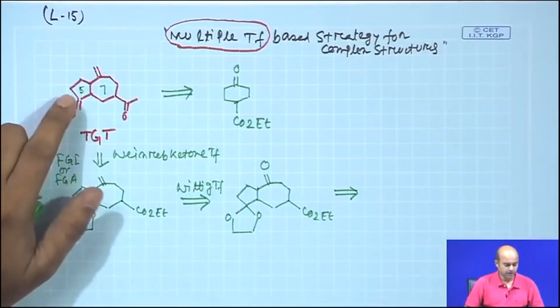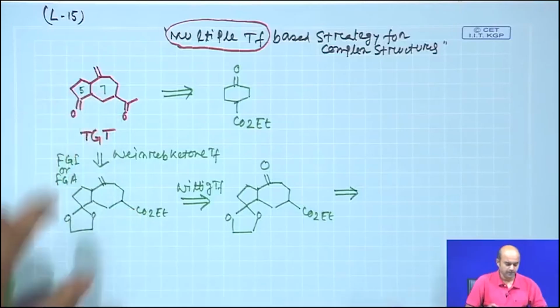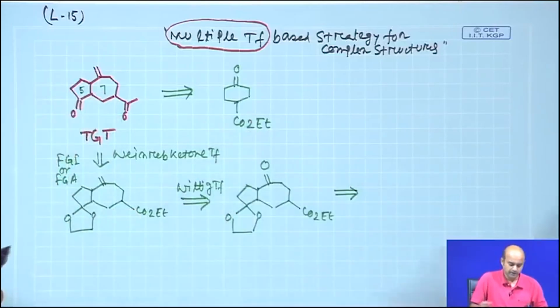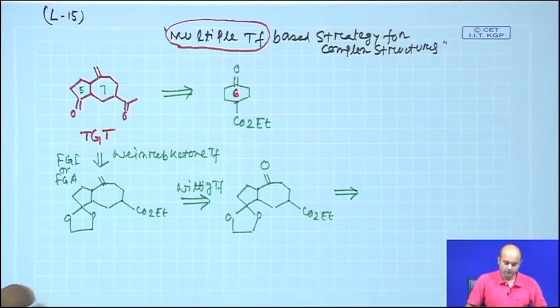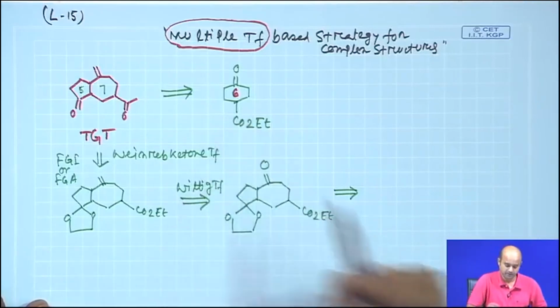The next step, or next retro, is crucial. Eventually, you see your target molecule has a 5-member and a 7-member ring, and you are given a 6-member based starting material. So, you need some ring expansion or ring contraction kind of transformation, because your initial starting material is a 6-member ring.